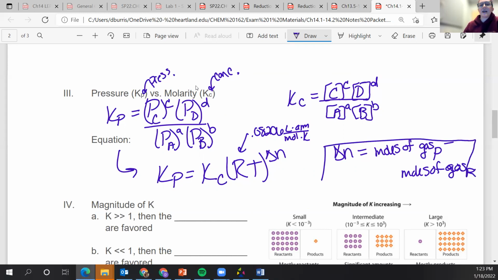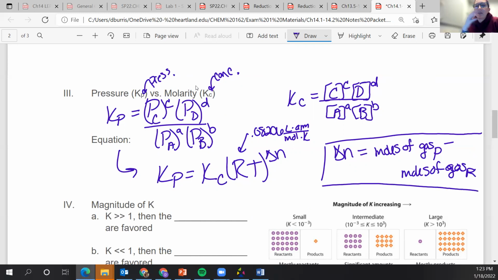Okay, so products minus reactants, like most change in equations are, but it's the number of moles in the balanced reaction. So we're going to do one of these in a little bit, but what that means is how many moles of gas are produced versus how many moles of gas are in the reactants.